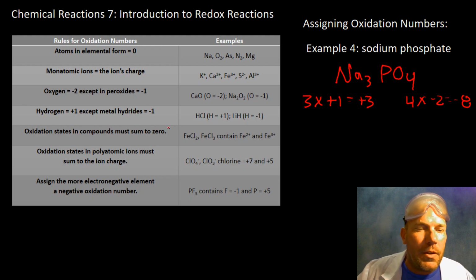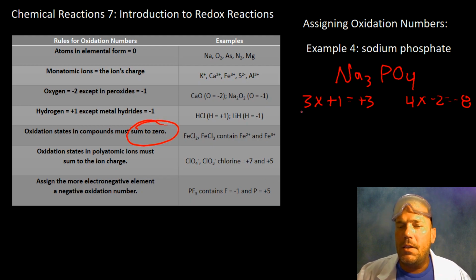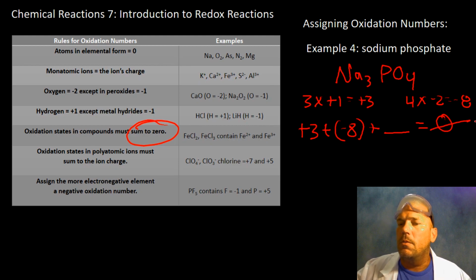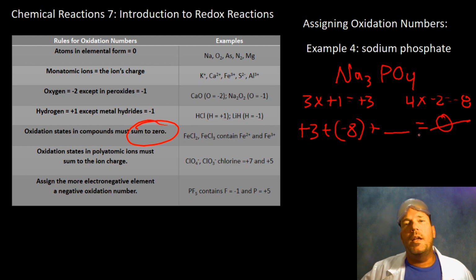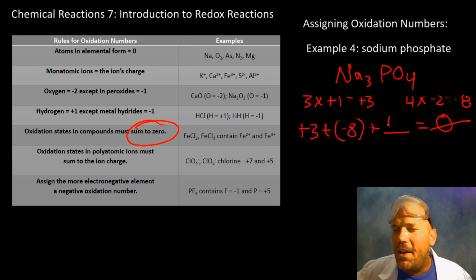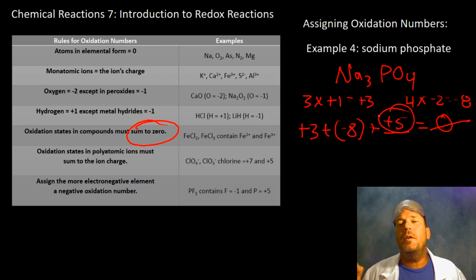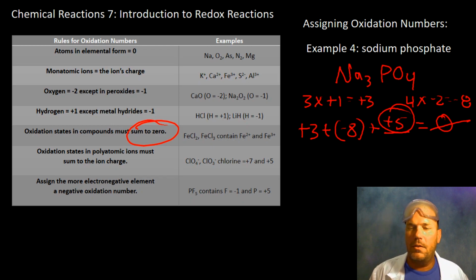So we also acknowledge we need the sum to equal 0. There's no overall net charge. So +3 plus -8 plus blank equals 0. And hopefully it's clear that a +5 oxidation number for phosphorus would sum to 0 in this case.